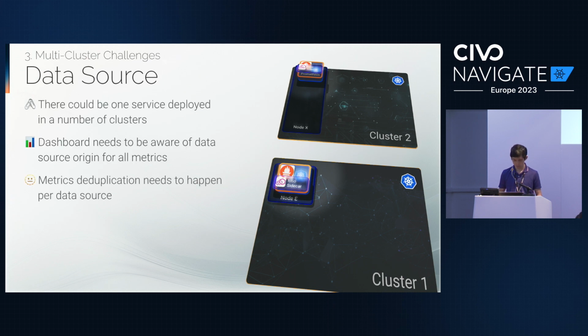And it's not the final challenge, but one of the final ones for this particular talk is about data source. Because you have multiple clusters, it's possible that your application is running in two clusters or three or multiple clusters. You need to know where the metrics are coming from, and you need to know the data source.